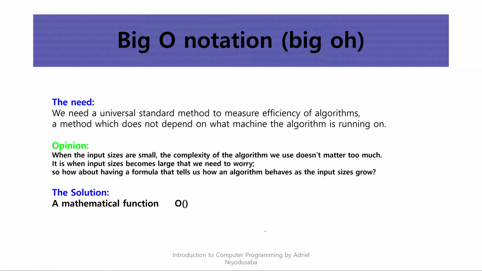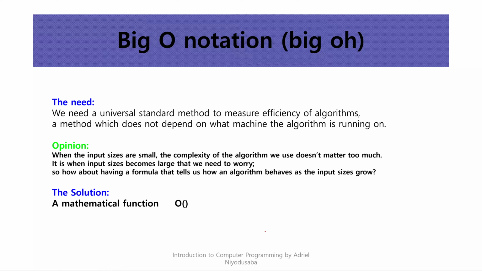We need something that all programmers can agree on, in such a way that if I send you a code or an algorithm, then just by looking at it, or if I just tell you some information in a certain way, you will be able to know even before you run the code whether this code is going to be fast or slow. So that's the need. We need an approach to measure the complexity of algorithms, and the approach has to be independent from the hardware on which we run the algorithm.